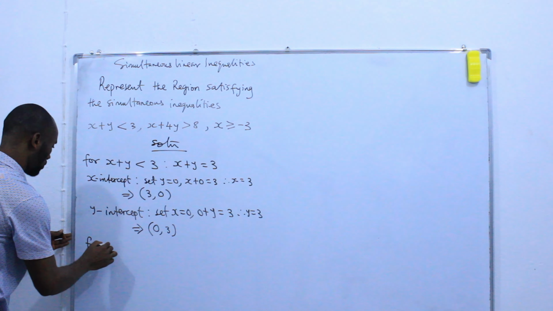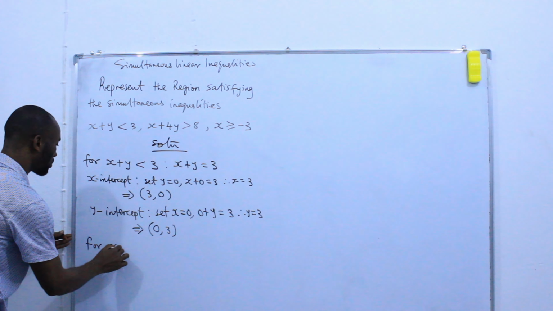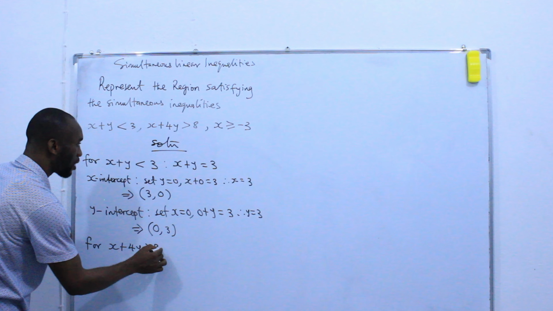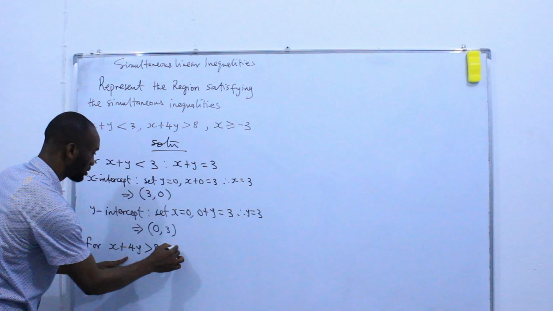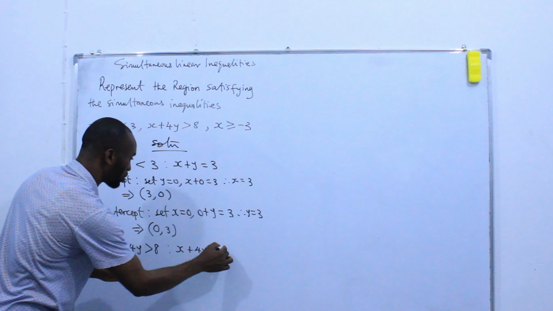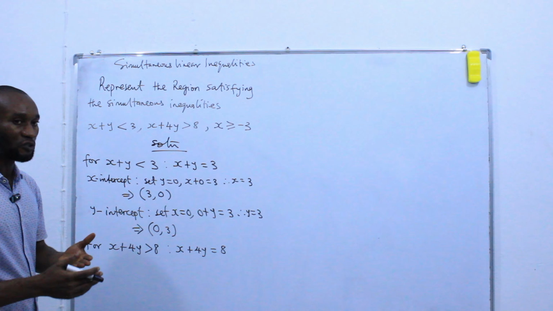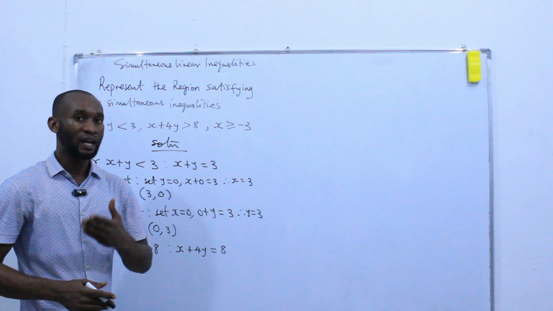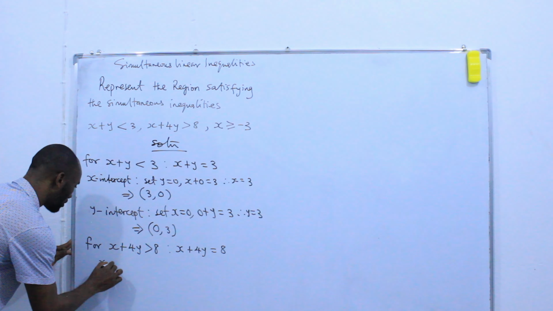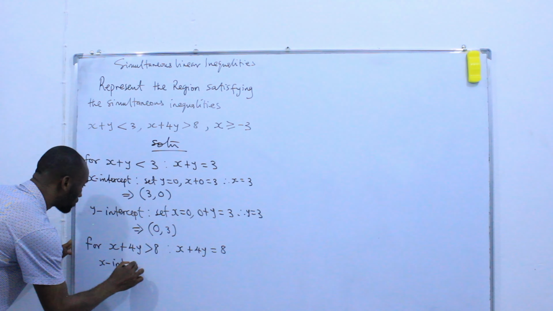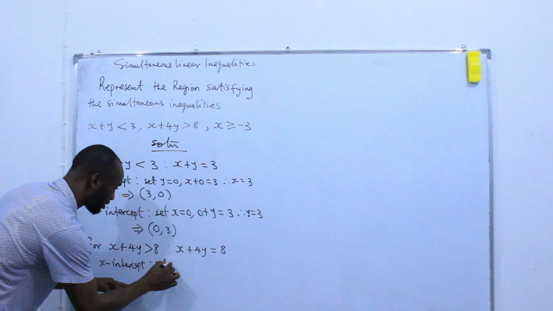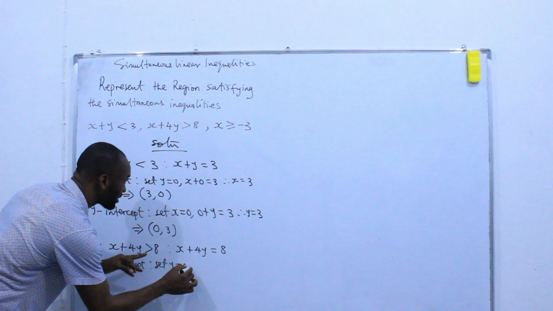The next inequality is x plus 4y greater than 8, and we transform it into the equation x plus 4y equals 8. The next step is to find the x-intercept and the y-intercept. To get the x-intercept, we simply set y equal to 0 in that equation.